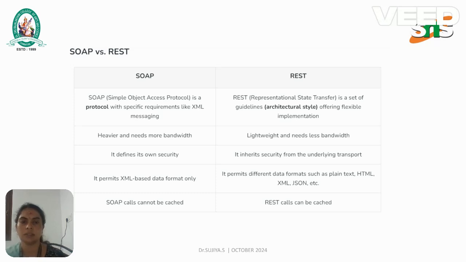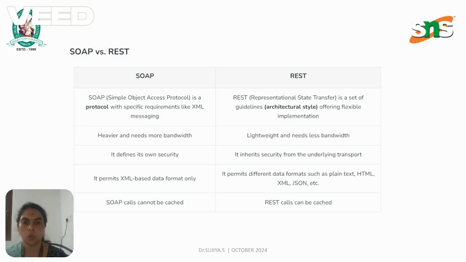And next, what is the difference between SOAP and REST? SOAP is the Simple Object Access Protocol. REST is Representational State Transfer. SOAP is a protocol with specific requirements like XML messaging, whereas REST offers a flexible implementation. SOAP is heavier and requires more bandwidth, whereas REST is lightweight and needs less bandwidth.